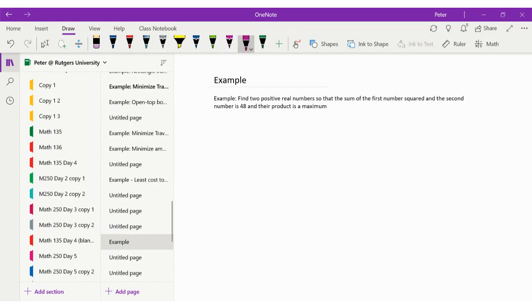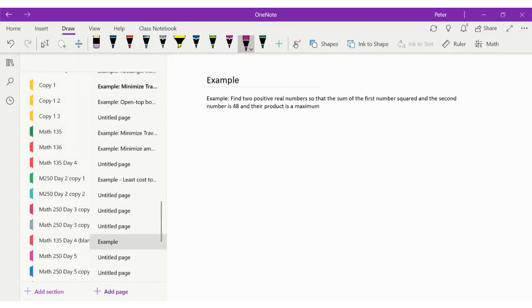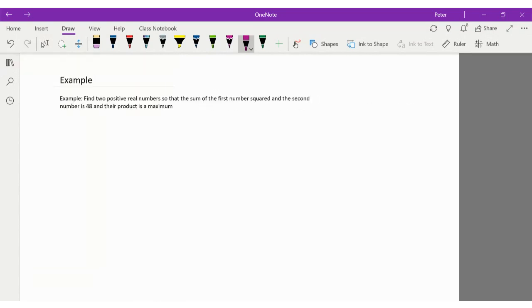Okay. So anyway, this is a more abstract type of problem. Again, the strangeness of these things is just translating the description into the correct equation.